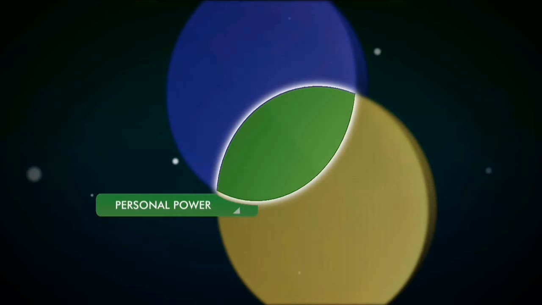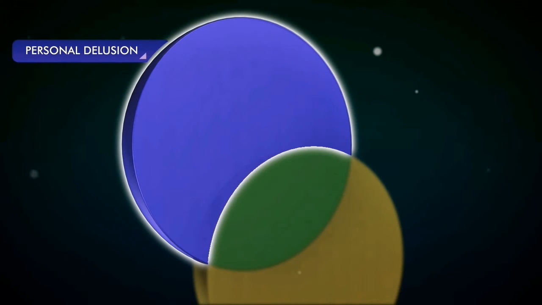And if the green area represents personal power, then this blue area now represents personal delusion. This blue area is where your beliefs about reality are not consistent with how reality actually is. This blue area of personal delusion is where you think you're right about reality, but you're wrong.